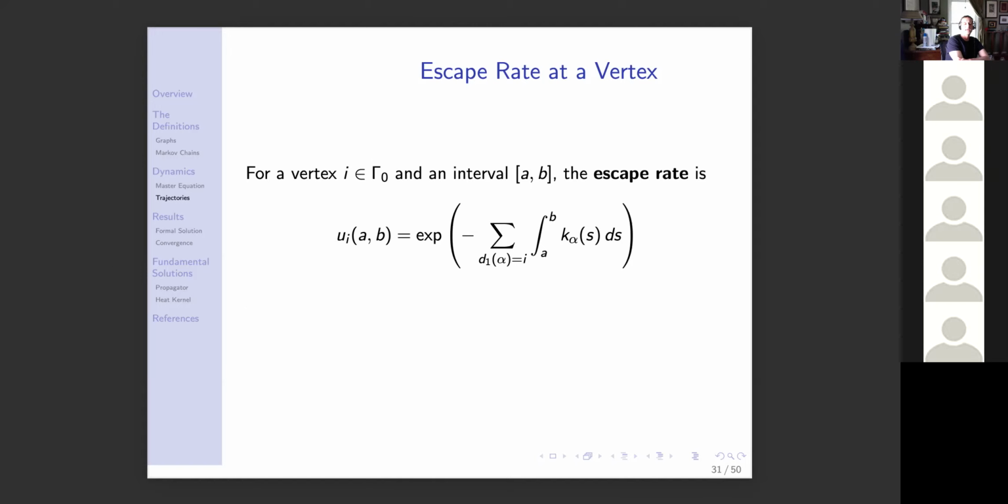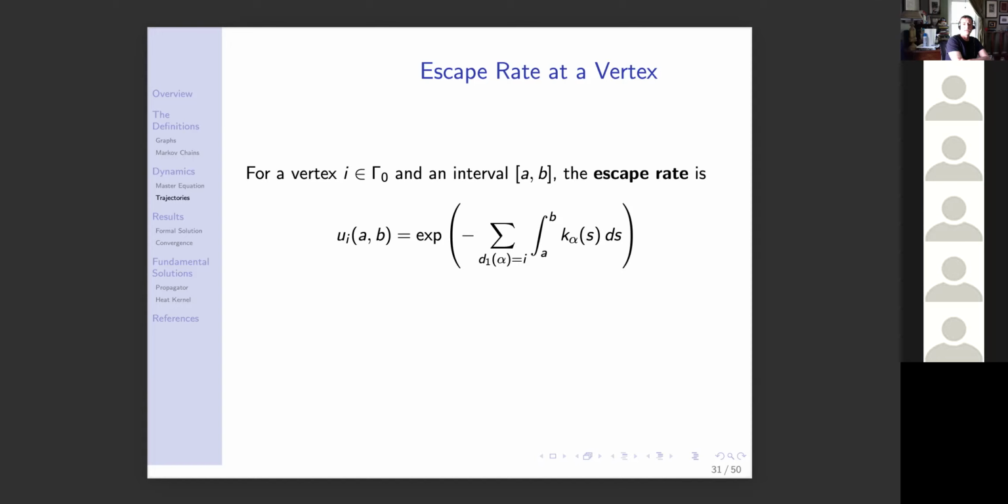If I'm at a vertex I, I can look at all the edges that terminate in my vertex I, and I can take the rate of each edge and integrate from A to B. Then I can sum over all those edges that terminate in I, take the negative of that, and then take e to the power of that. And that's called the escape rate at the vertex I.